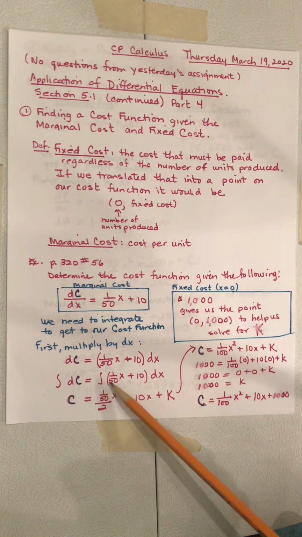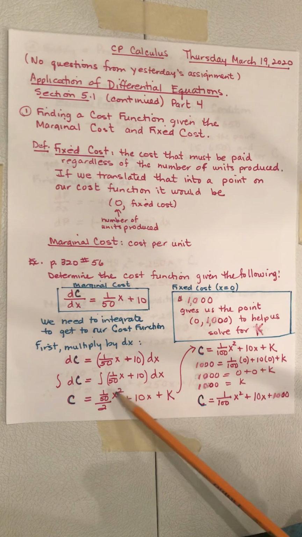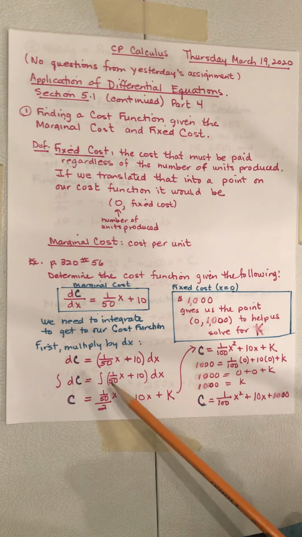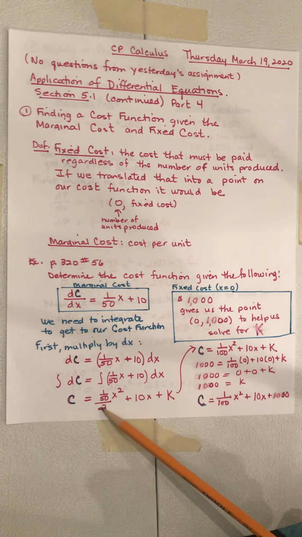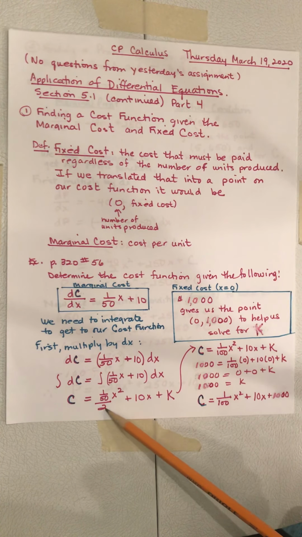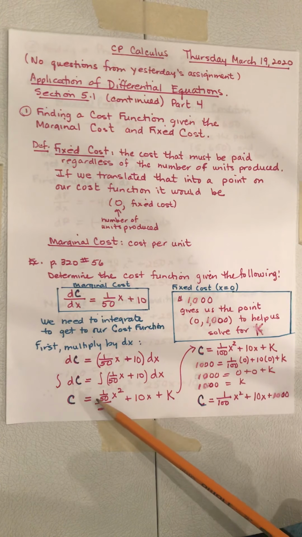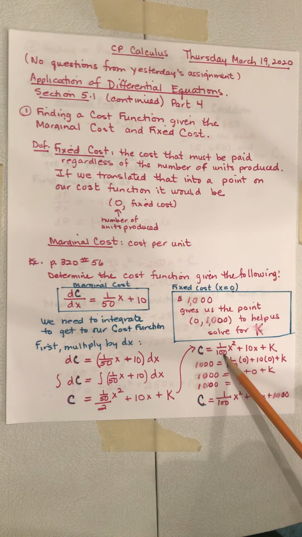Now we integrate this side with respect to x. So we add 1 to the exponent, we get x squared, and we divide 1/50th by the new exponent, which is 2. That's going to give us 1/50th divided by 2, which is 1/50th times 1/2, which will be 1/100 x squared.